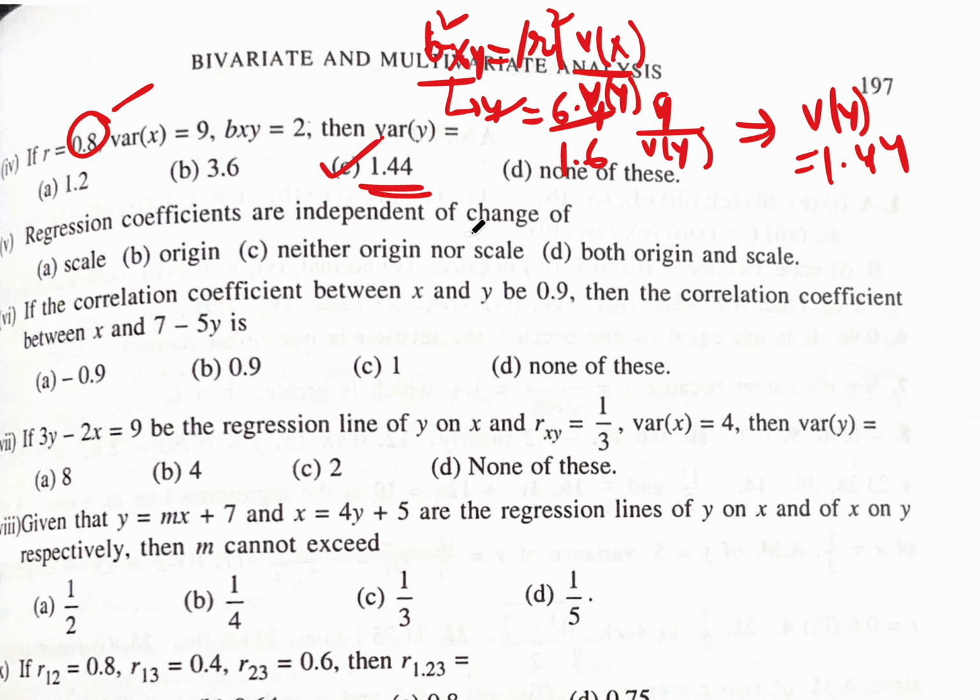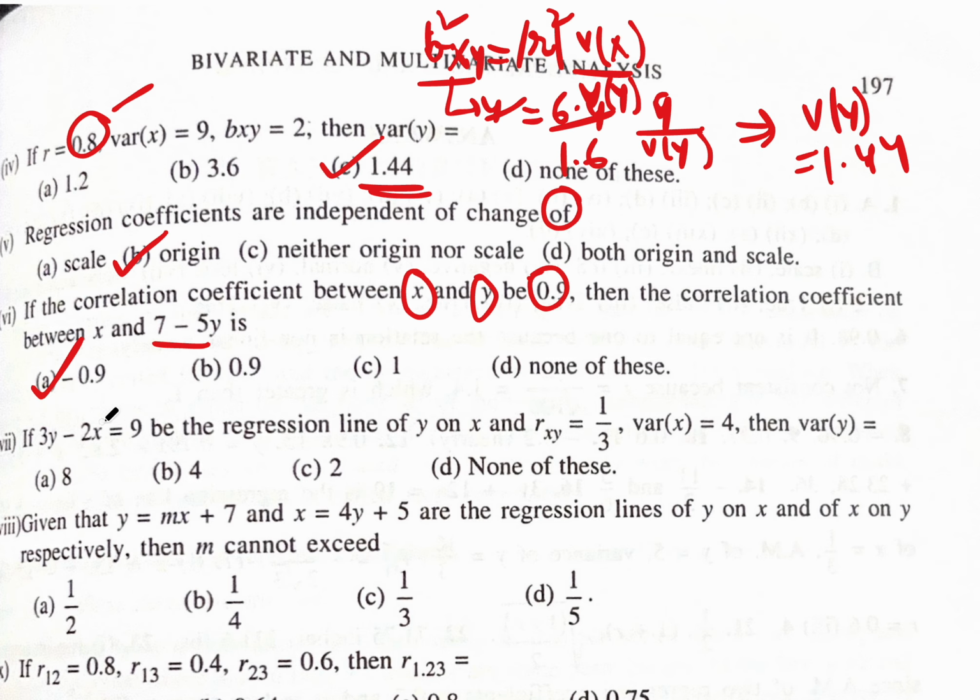Okay, regression coefficients are independent of change of, I think, origin. Am I correct? Wait, it is fifth part. It's correct, yes. Okay, if correlation coefficient between x and y is 0.9, then correlation coefficient between x and something is minus 0.9, I think. Yeah.